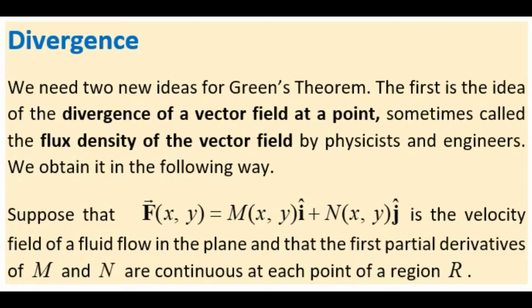Suppose that the vector field F(x,y) = M(x,y)i + N(x,y)j is the velocity field of a fluid flow in the xy plane, and that first order partial derivatives of M and N are continuous at each point of a region R in the plane.